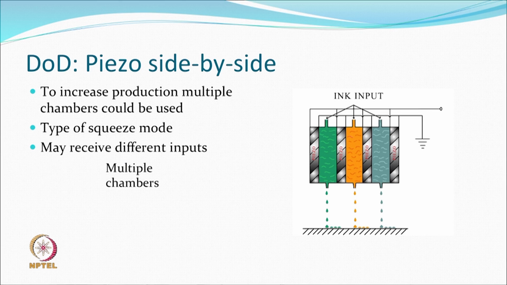So, multiple chambers are there which have the ink, and you have multiple side by side arrangements of various things within the same unit, and you can keep taking the ink out.